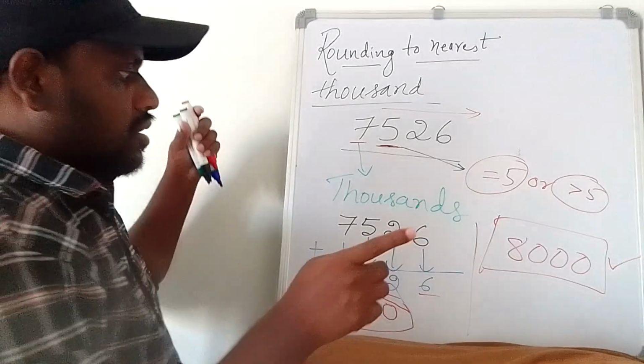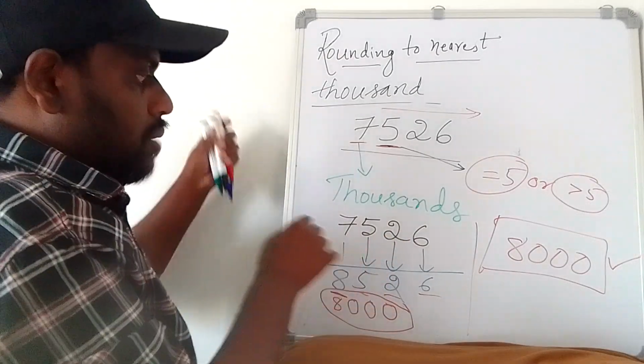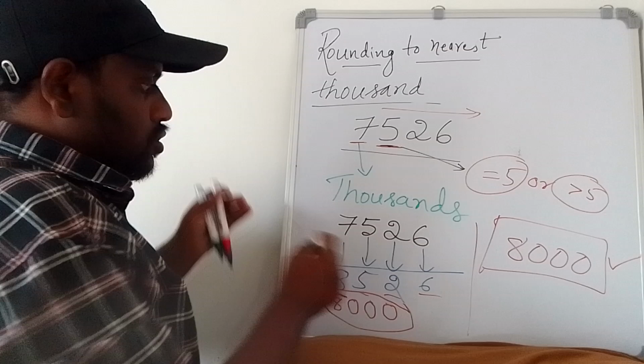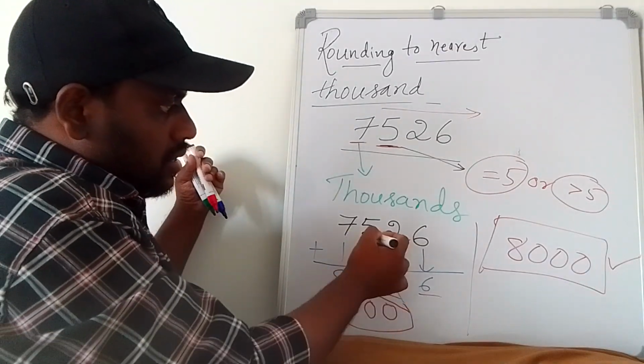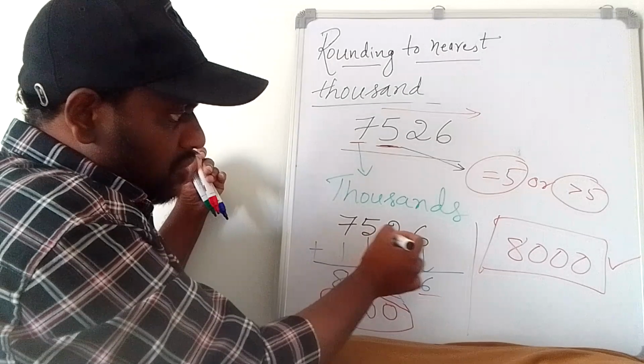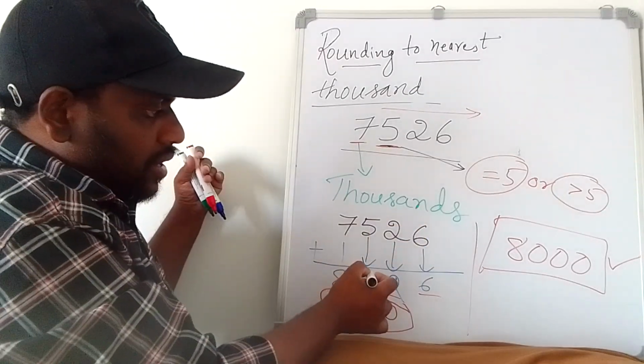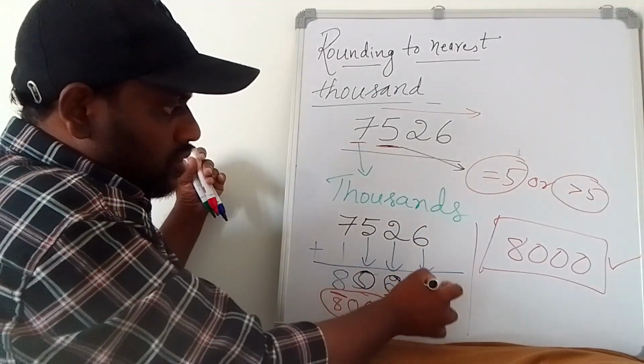But instead of that, you can do it directly here also. You just add 1 to this 7. So 7 plus 1 becomes 8. Instead of bringing these digits down, directly you can write zeros here.